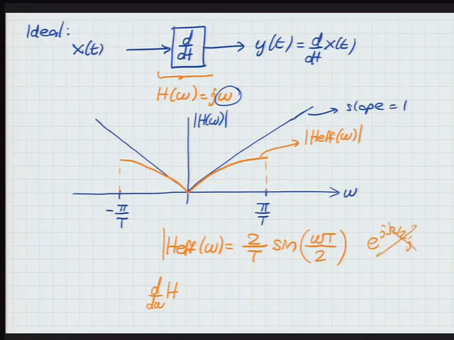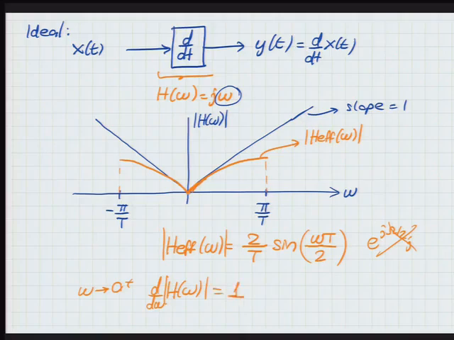So let's look at the derivative as omega approaches from the positive side, because by taking the absolute value, we created a kink here, right? So the derivative is actually not defined, but it is defined if I look at it from the left or right, correct? So what's the value? You'll get T over 2 from the sine and 2 over T as a factor, so they cancel, right? So it is going to be 1.